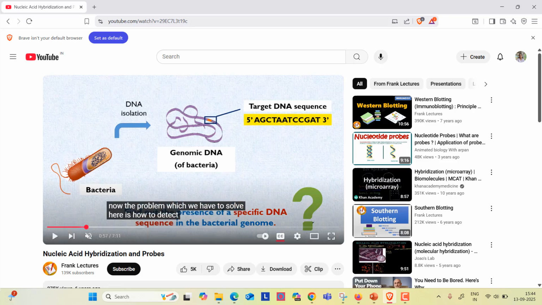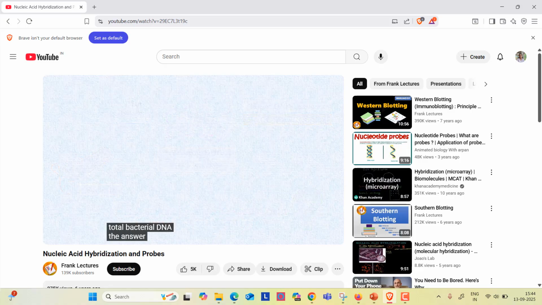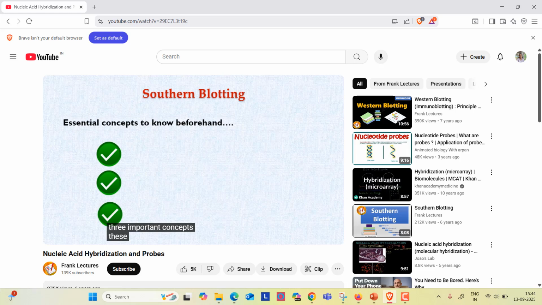This is how the DNA is forming with the base pairs, and so they will do the Southern blotting technique to find this. Okay.